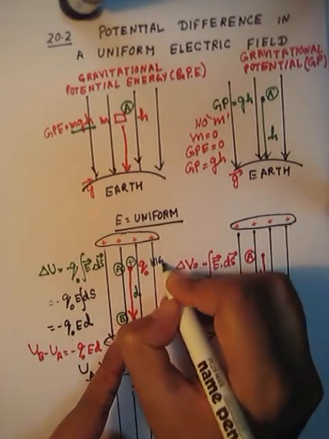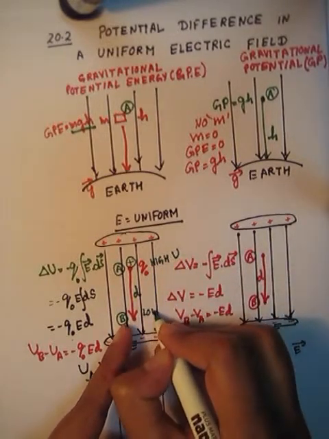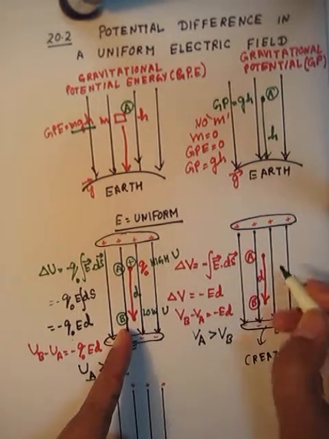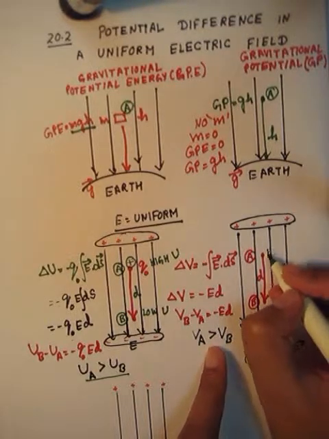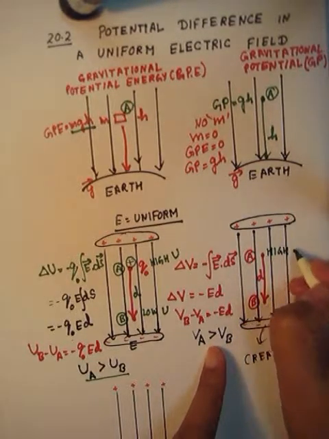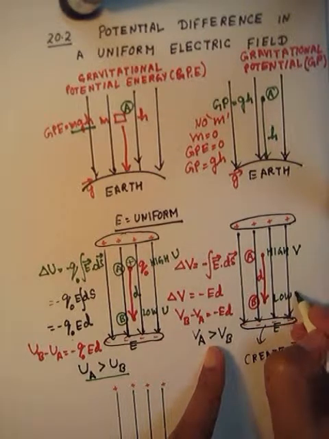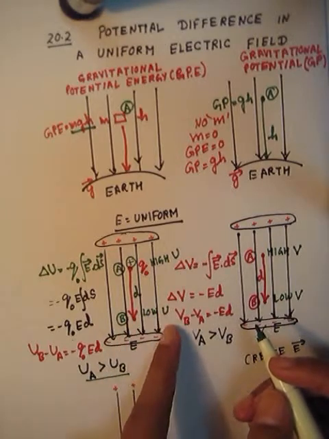So you have a higher potential energy at A and a lower potential energy at B. Similarly, for the change in potential, at A you have high potential and at B low potential, and here it is high potential energy and low potential energy.